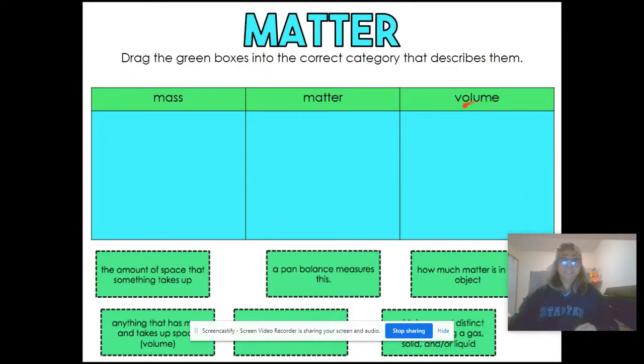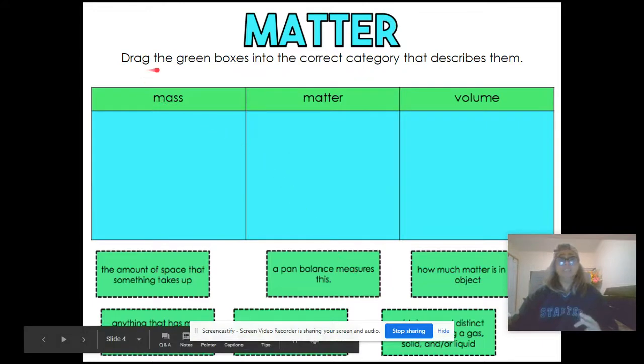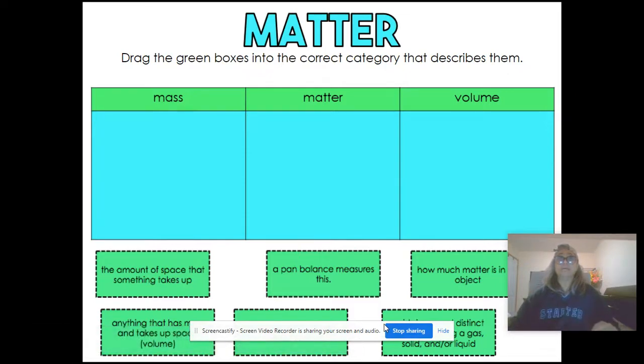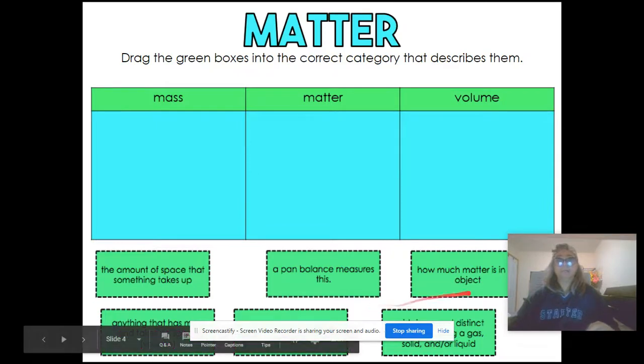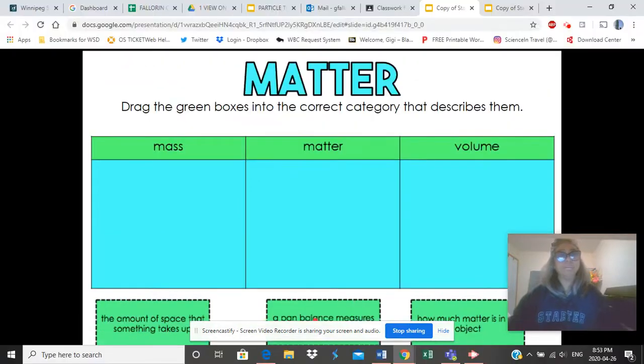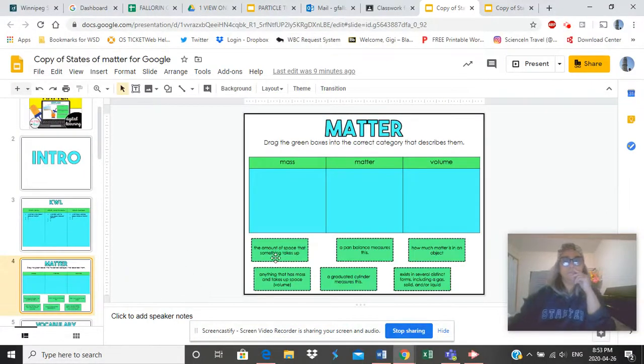So, I want you to drag the green boxes from below and put them into the correct column. So this is now a unique feature of this assignment, the drag and drop feature. So how would that look like? On your end, if you think this is the correct answer, maybe that's the idea of matter, then put it there.